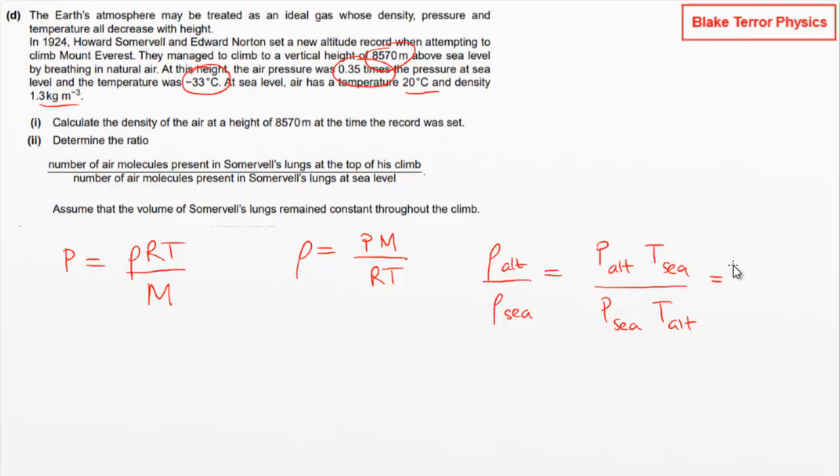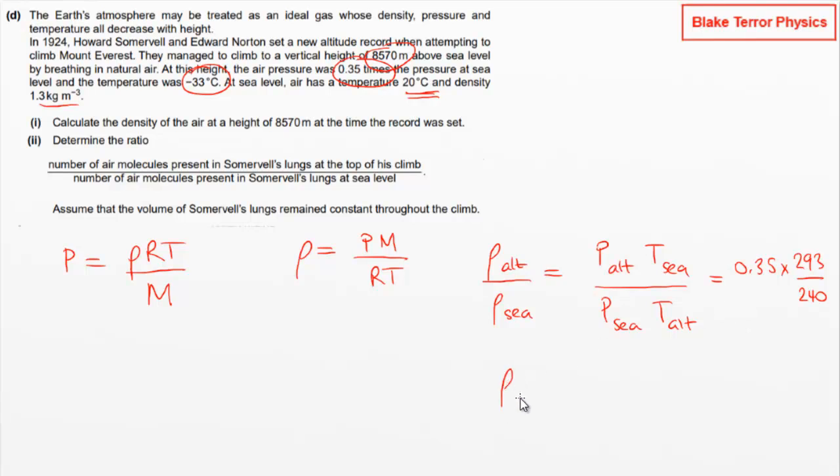Oh, we've got a ratio of the pressures already, haven't we? So that's 0.35 multiplied by 20 degrees C, so we've got to say 293 to get it into Kelvin. Divide by, so minus 33 is 240 Kelvin.